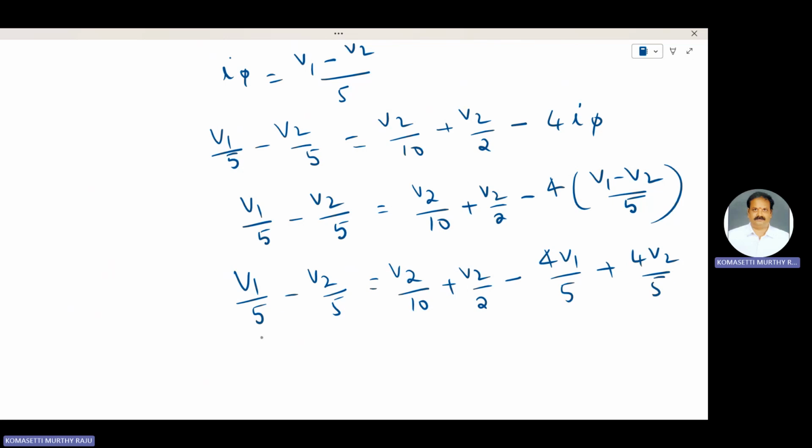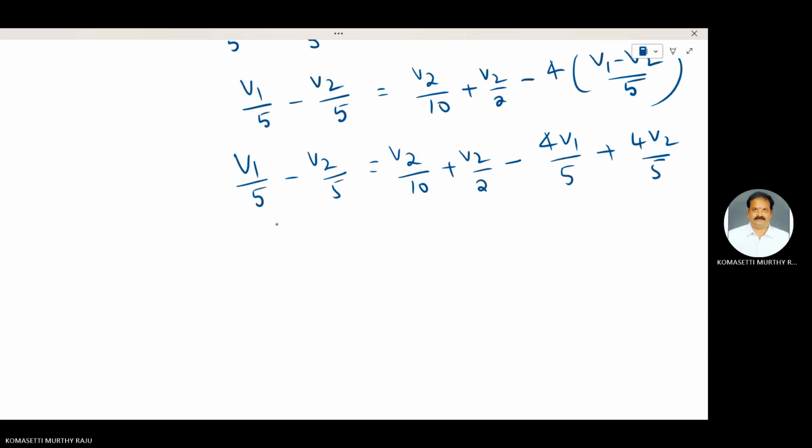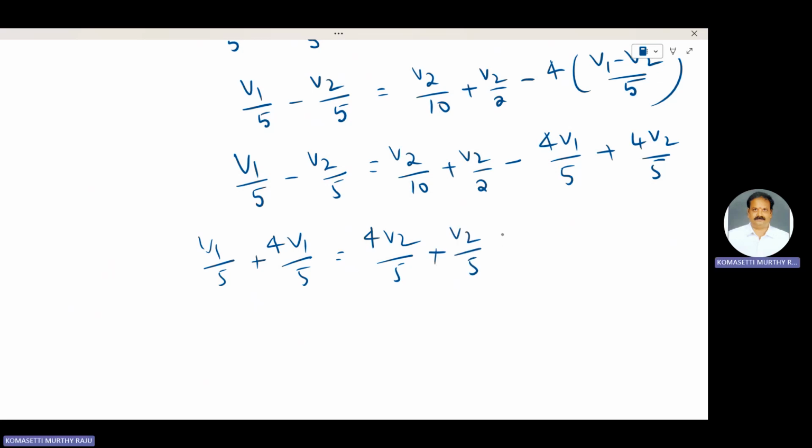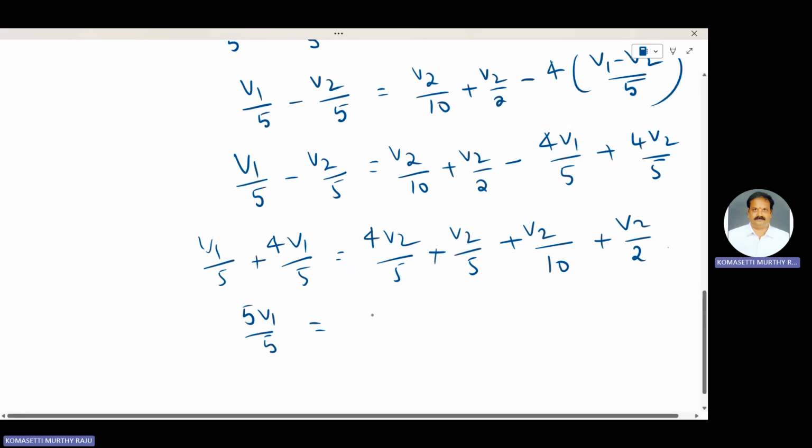Bringing terms to one side: V1 by 5 plus 4 V1 by 5, that is 5 V1 by 5, is equal to 4 V2 by 5 plus V2 by 5 plus V2 by 10 plus V2 by 2.